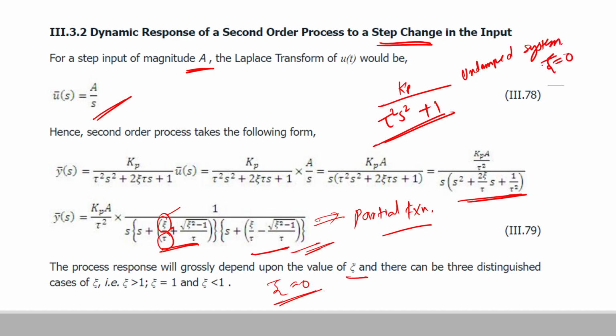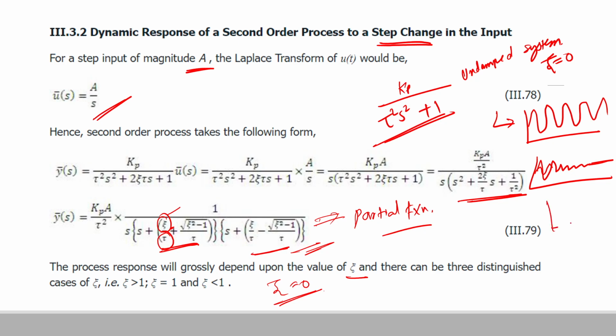When I say undamped system, it means that the output will oscillate with the same amplitude, whereas in the case of a damped system, the output will either keep on decreasing to a constant value, or the amplitude can keep on increasing exponentially.